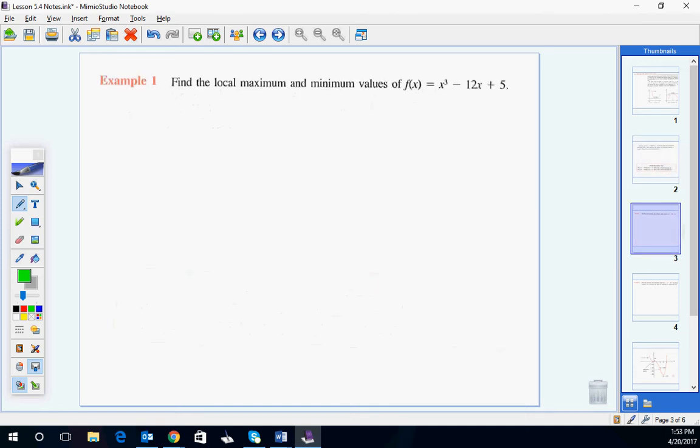Okay. All right. So example 1: find the local max and min values of f of x equals x cubed minus 12x plus 5. The first thing we're going to do is find f prime, which is 3x squared minus 12.